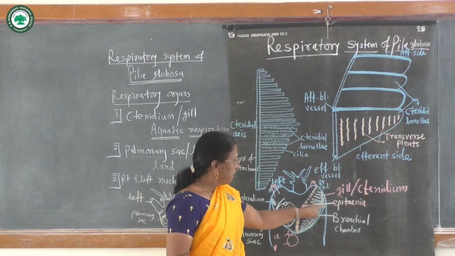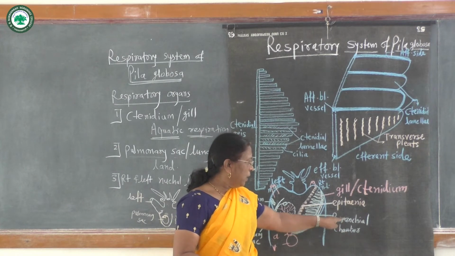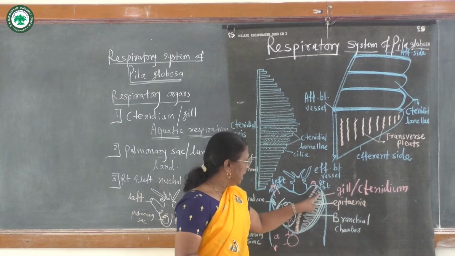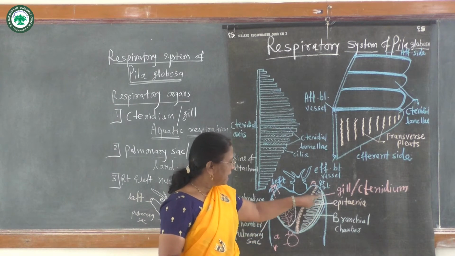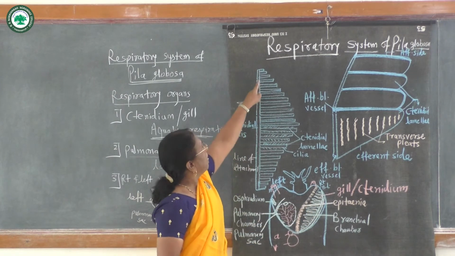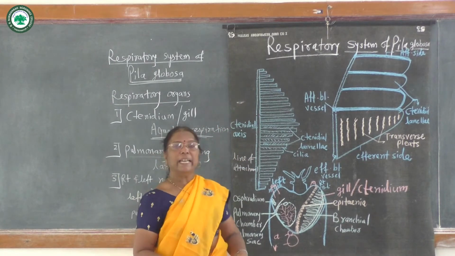The right small chamber is called the branchial chamber, in which the gill or ctenidium is present. This is the location of the gill or ctenidium, attached to the mantle wall by means of the line of attachment, called the ctenidial axis.